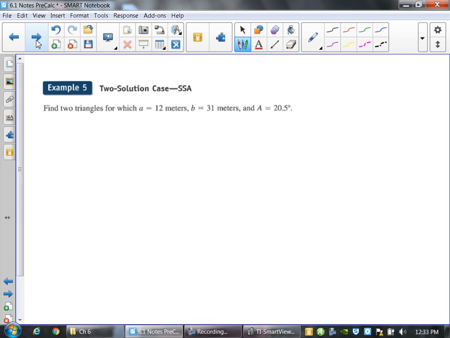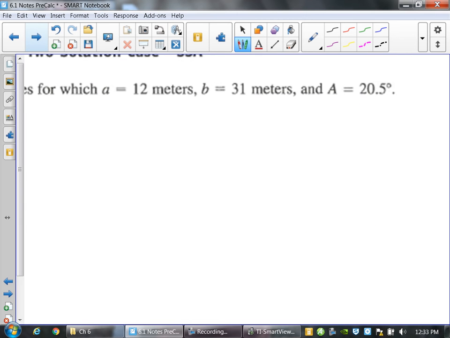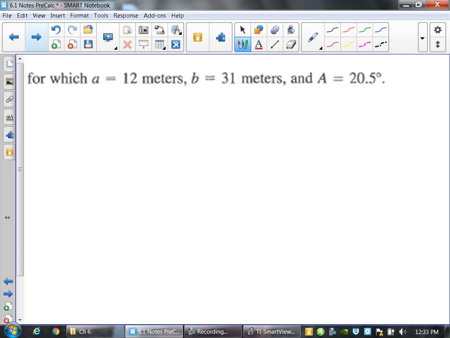So I dump back into the other one. If I try this one again, side-side-angle. Same deal.